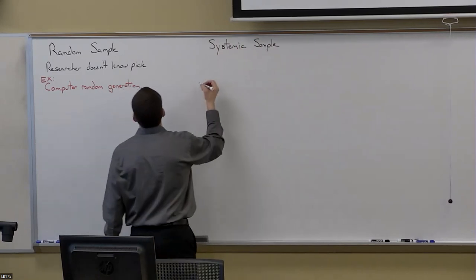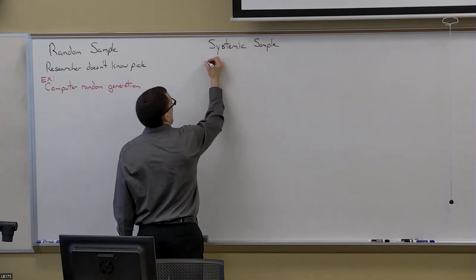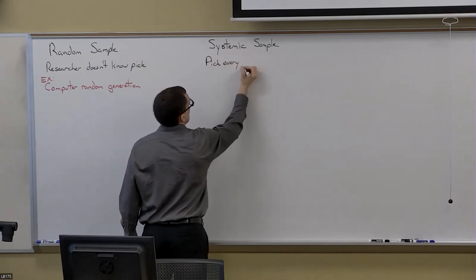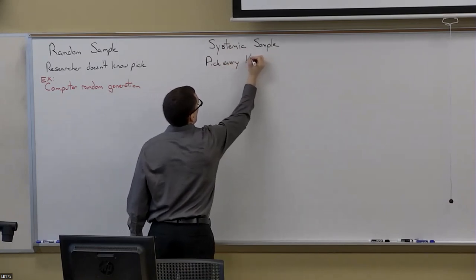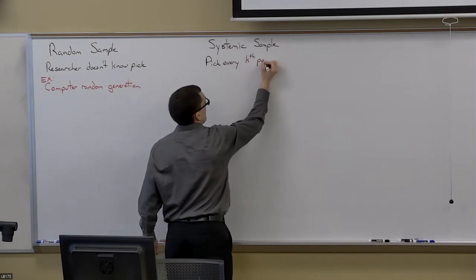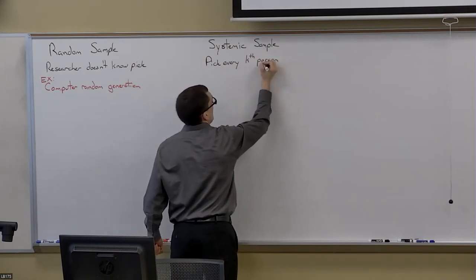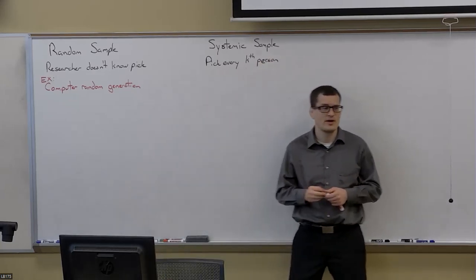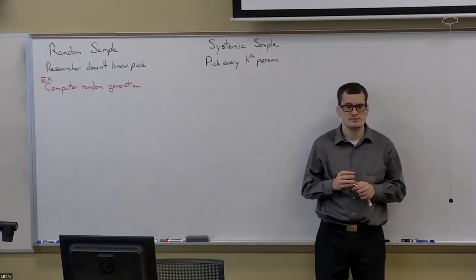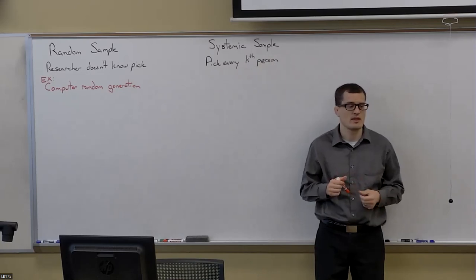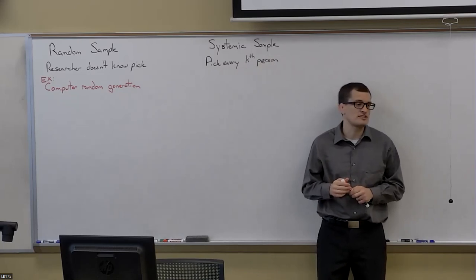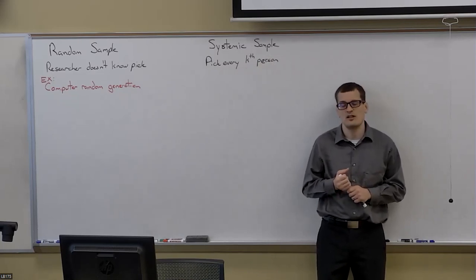A systemic sample is when, as the researcher, you're going to pick every kth person. Now, what we mean by kth person is the following.